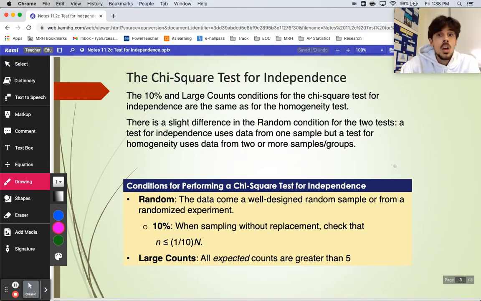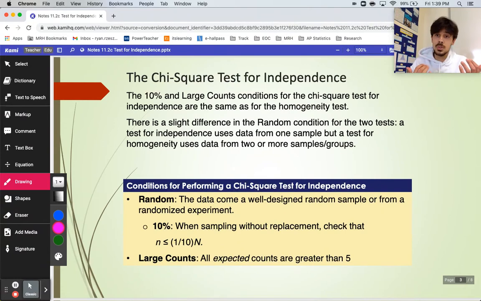So we talk about how the condition of sampling is the big difference between our two chi-square tests for two variable problems. Remember, we also have that chi-square goodness of fit test. Goodness of fit is when you have one variable, like M&M color. That was it. So if you have one variable, that's a whole separate domain.